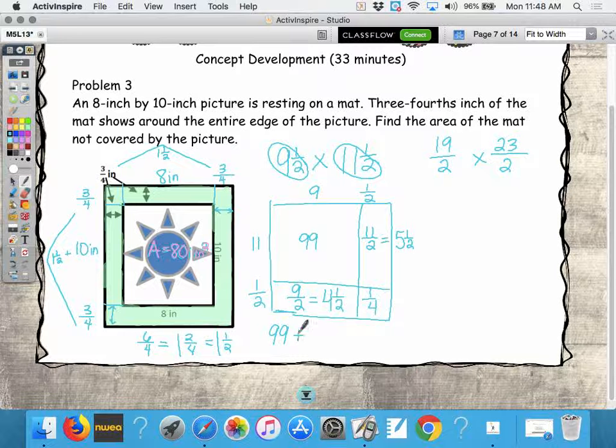Okay, so here's what I'm going to add up. 99 plus. Now, there's something I could do. I could do 99 plus 11 halves plus 9 halves. That would be 20 halves. Okay? Or I could do 11 plus 5.5 plus 4.5. So let's go with 5.5 plus 4.5, but you could leave it as a fraction, plus 1/4.